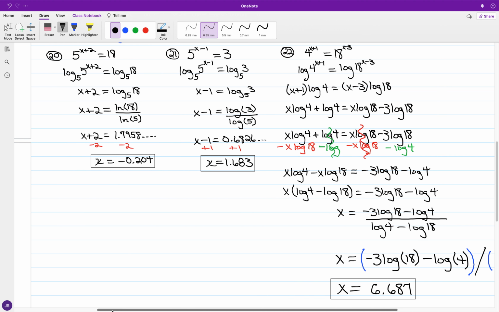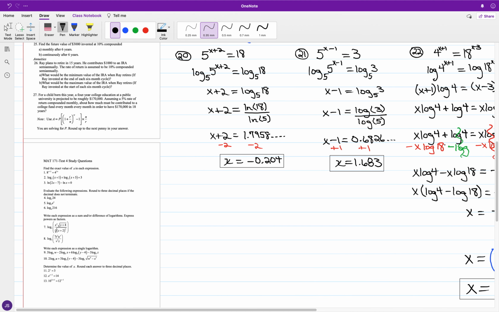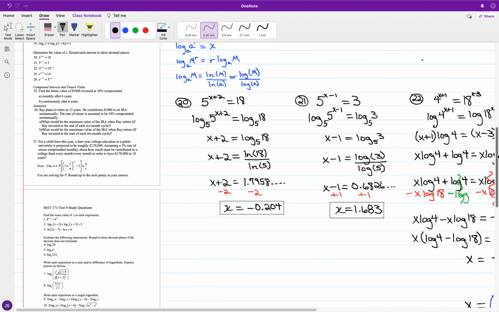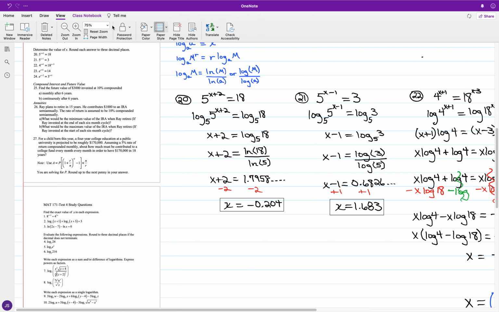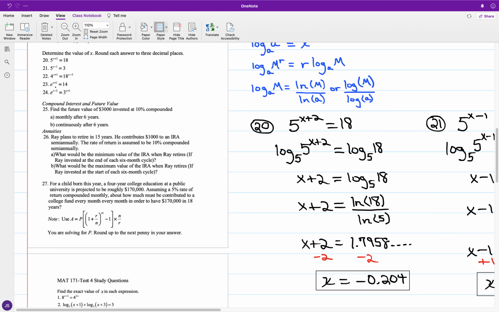Now, for what we have in the case of number 23, we have the natural logarithmic exponential base e, and we have e to the x plus 1 is equal to 14.